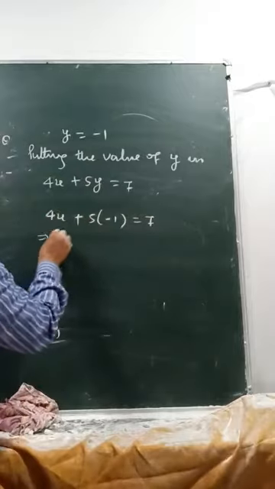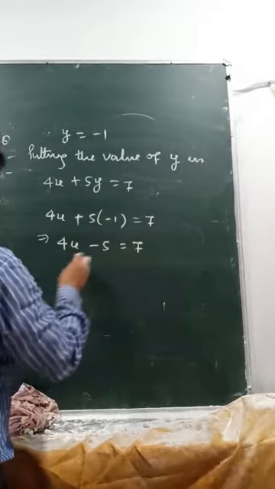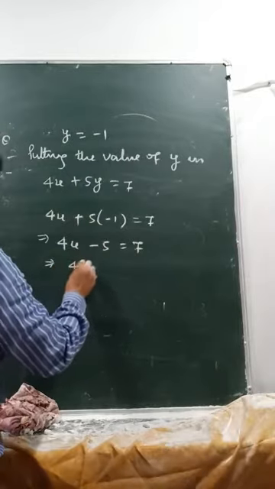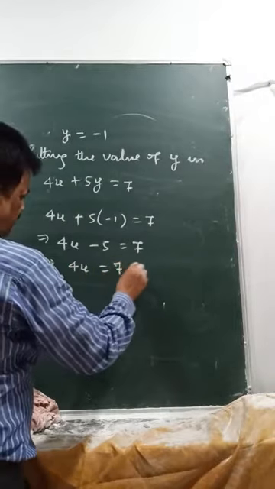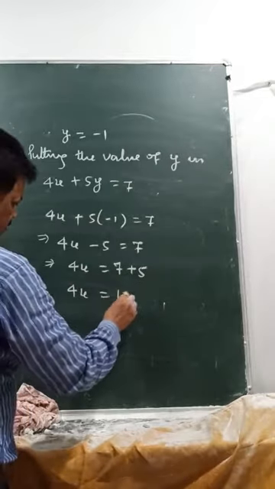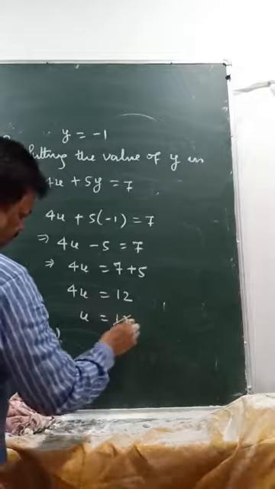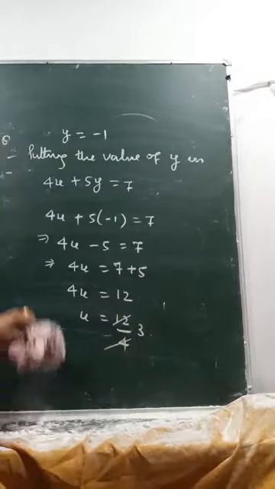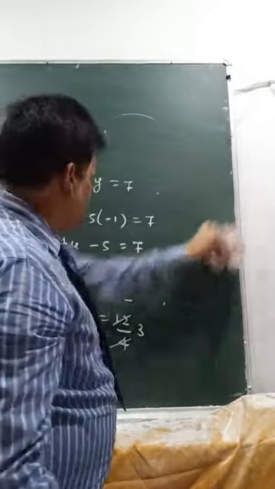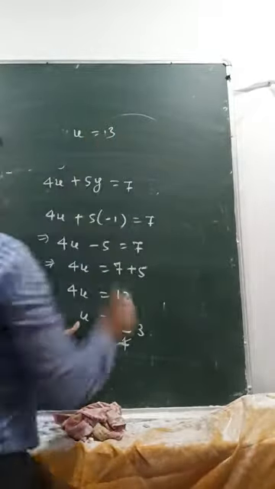So 4u minus 5 equals 7, 4u equals 7 plus 5, 4u equals 12, u equals 12 by 4. So what did I get? I got u equals 3.